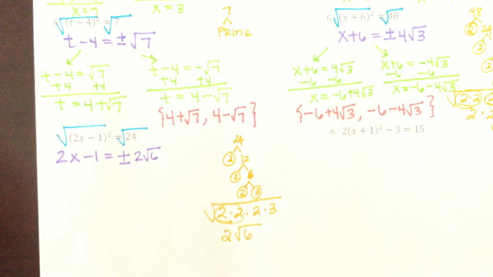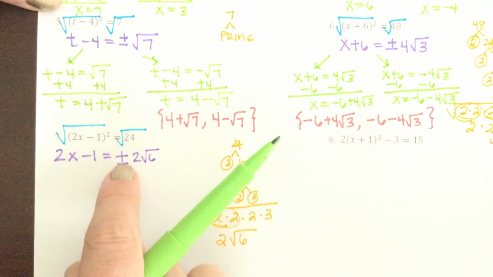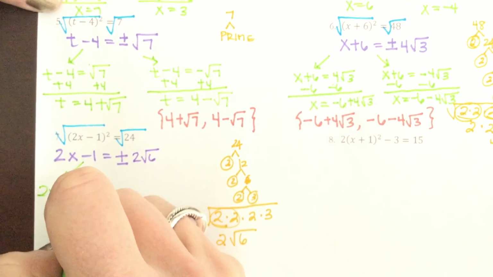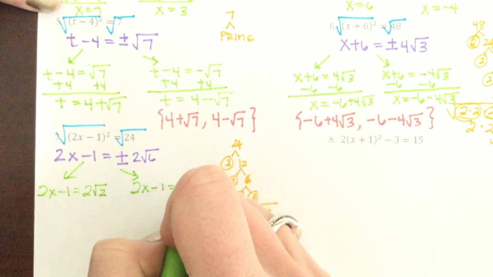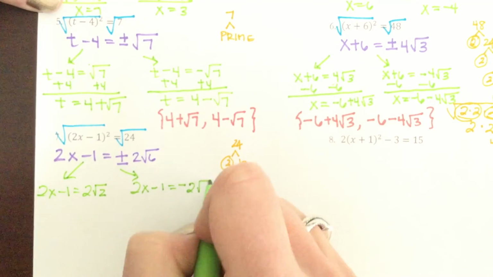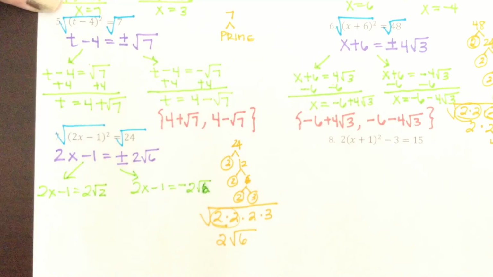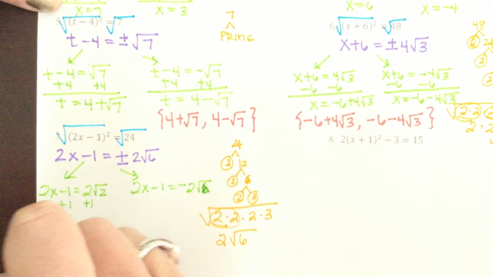Okay. Now we're going to write our two equations because we have this on the left equal to two different things on the right. So 2x minus 1 is going to be equal to the positive 2 square roots of 6, but 2x minus 1 is also going to be equal to negative 2 square roots of 6. On the left-hand side, we're going to add 1 to both sides.